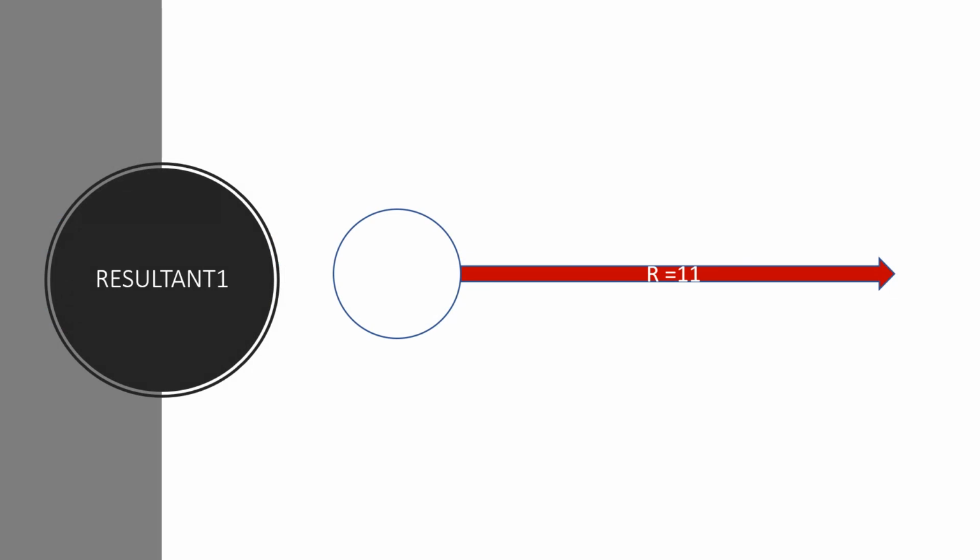Combining the two forces results in the resultant. The resultant is a red line, as can be seen here. The two forces are acting in the same exact direction. By the laws of physics, we simply add their magnitudes to get the magnitude of the resultant.